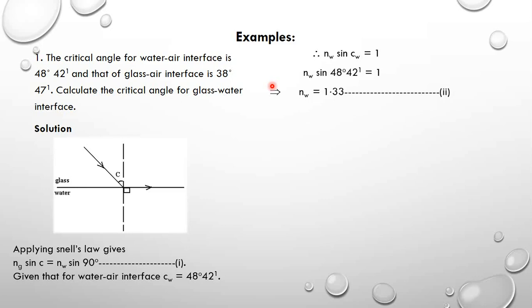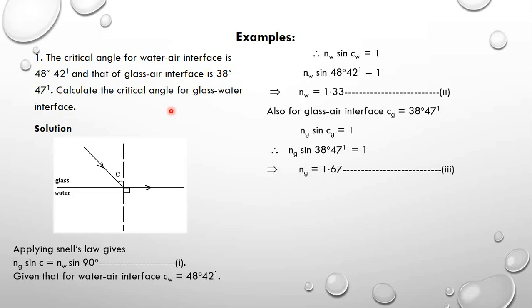Then after doing that, we shall also do the same for the glass-air interface. Then we shall apply Snell's law and get N_G sine C_G is equal to 1, and then make N_G the subject and get N_G as 1.67.